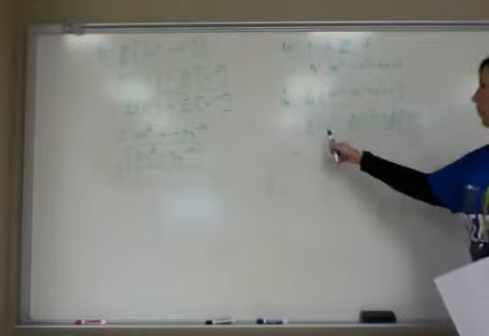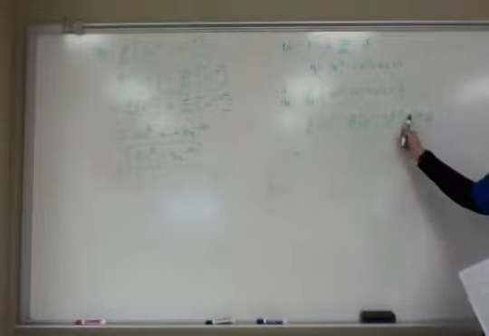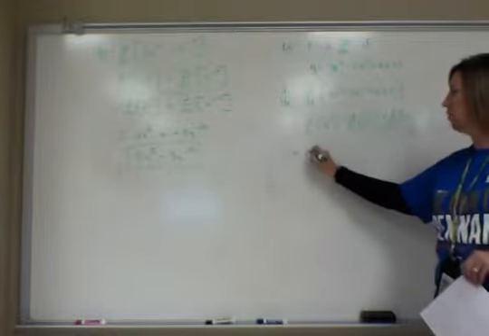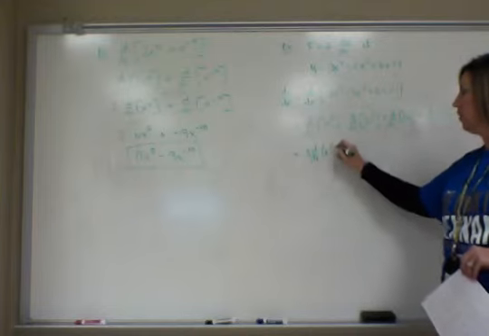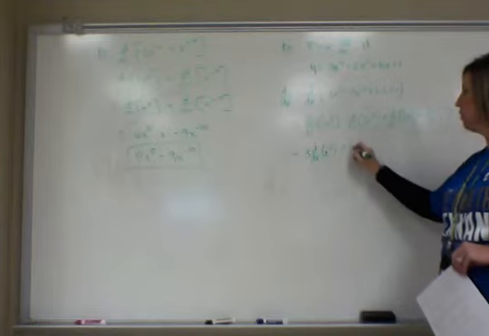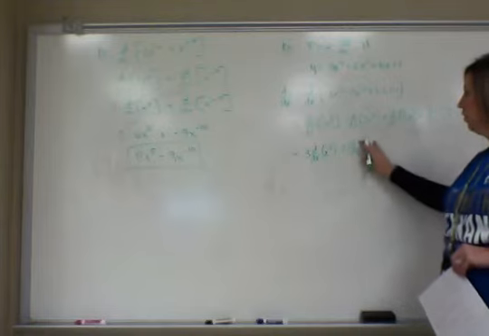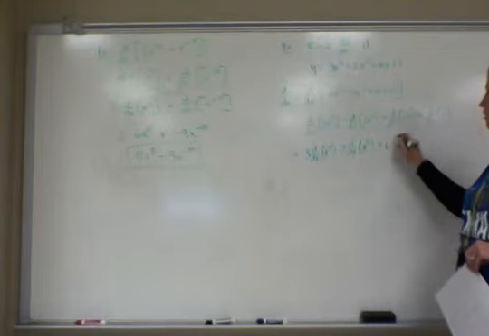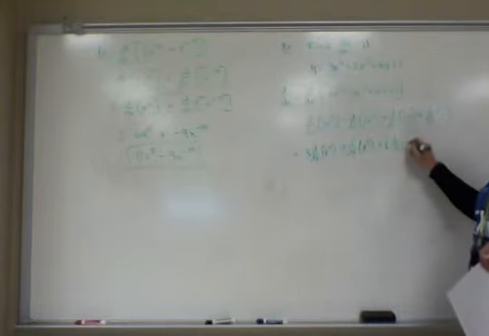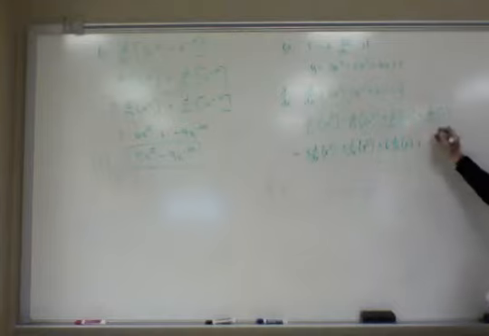Well, again, whenever we have a constant multiple, we can always bring that constant out. So this is 3 times the derivative of x to the 8th minus 2 times the derivative of x to the 5th plus 6 times the derivative of x, plus the derivative still of 1.